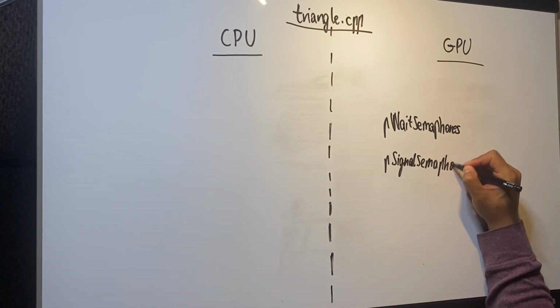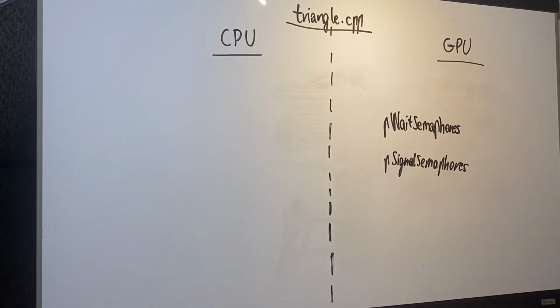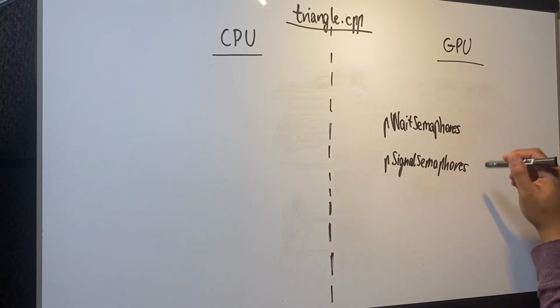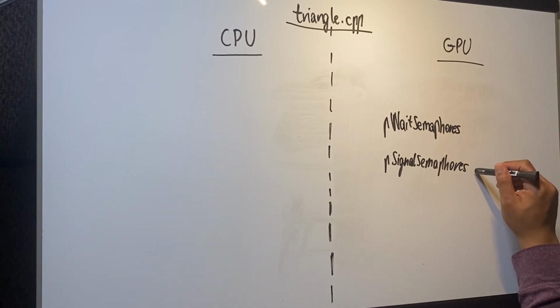Okay, so whenever you're going through your code, and of course when we're actually diving into the code, we'll see these things being used. But you have as a parameter, when you're submitting certain functions, a P wait semaphore, and then you also have P signal semaphores.